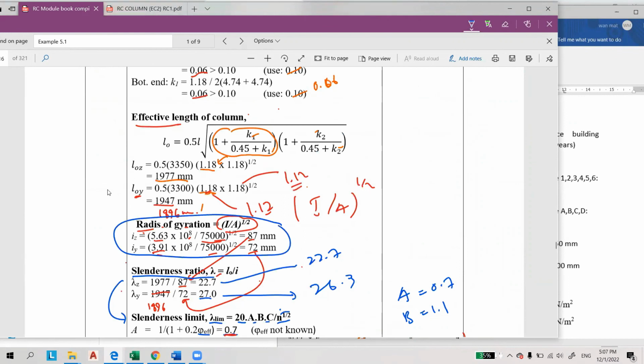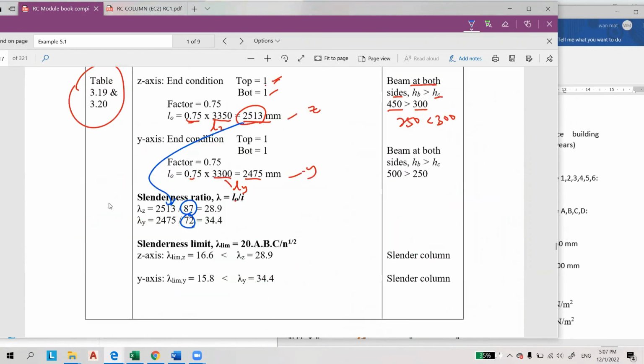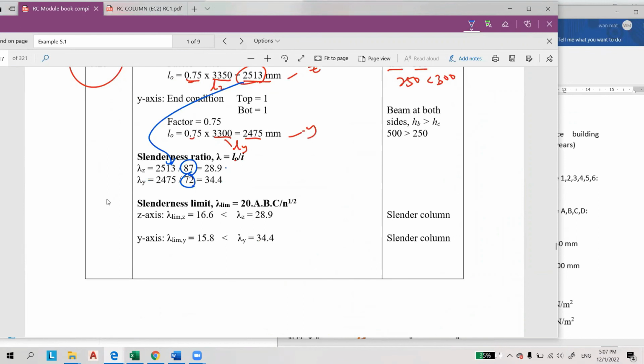You must calculate, so you get the slenderness ratio, and then you also must calculate the limit. You cannot escape this one, but it is very simple, since you can just use the values of A, B, and C. If you know the bending moment, you can calculate the value of C equal to 1.7 minus Rm.